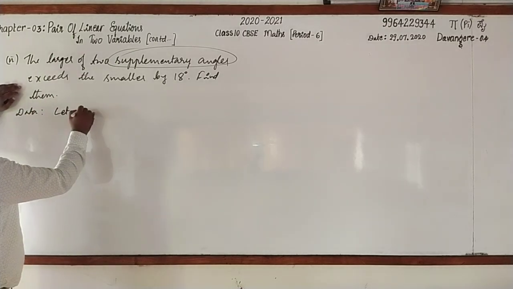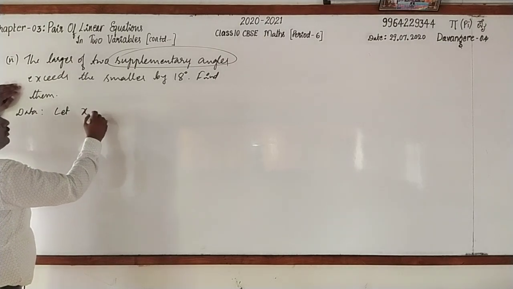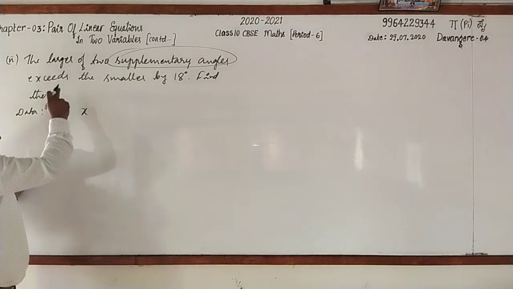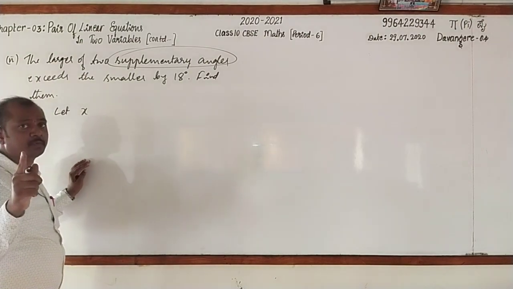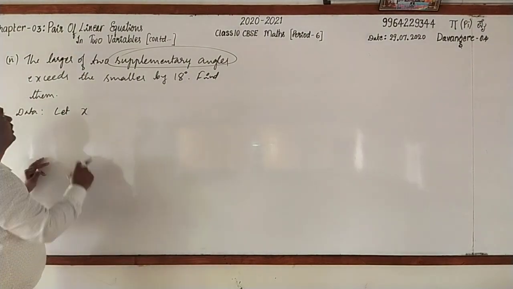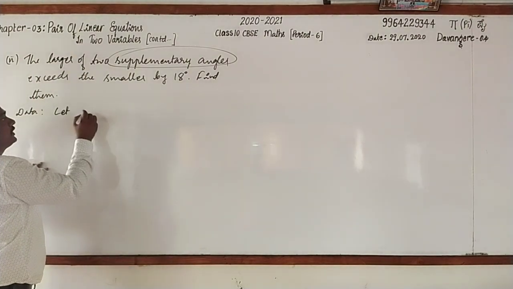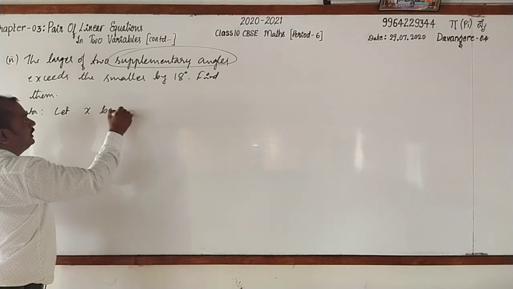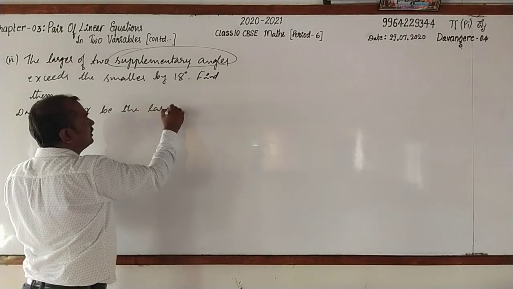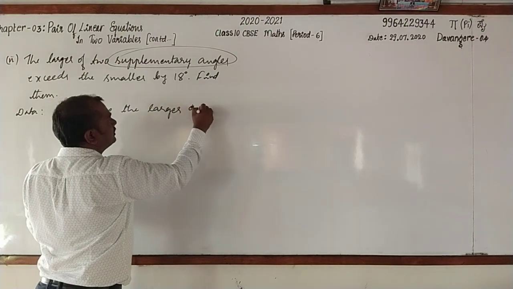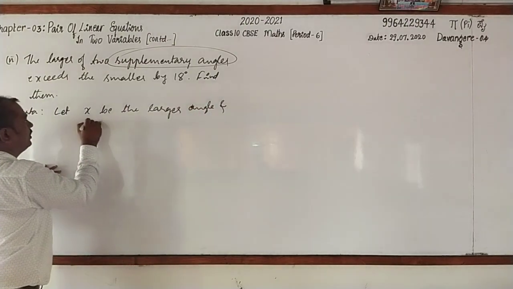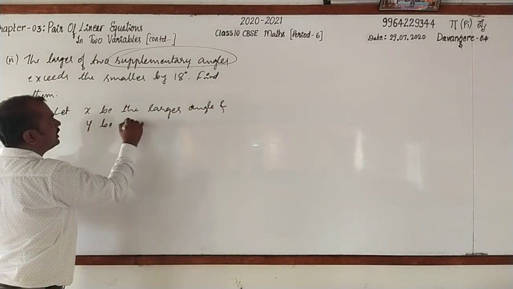Let x and y be the two angles, but here there is one angle should be smaller and another angle should be larger. Hence, I go for taking let x be the larger angle and y be the smaller angle.